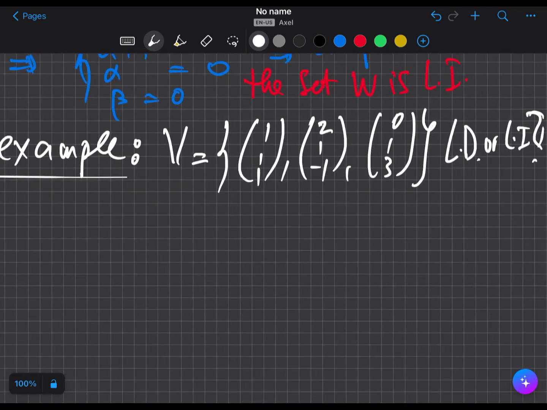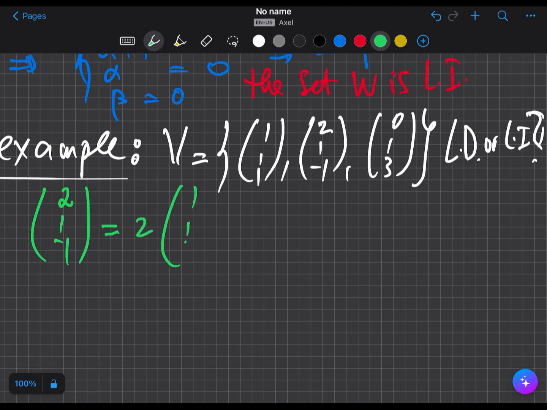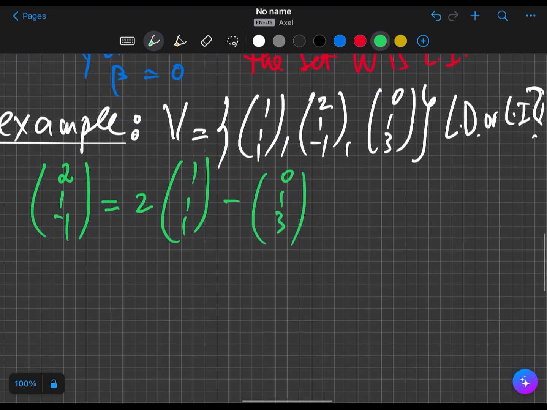The first thing we notice from this set of vectors is that we can write one vector as a combination of the others. Therefore, we see that this vector can be written as a linear combination of the other two vectors. Therefore, the set V is linearly dependent, because as you can see, the scalar is minus 1, the scalars are non-zero.